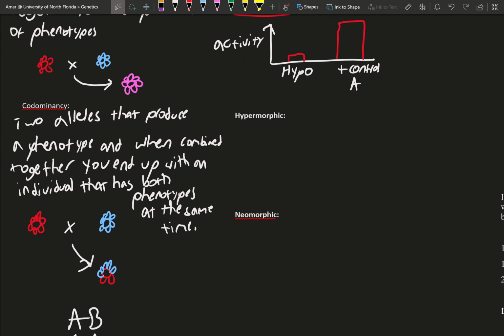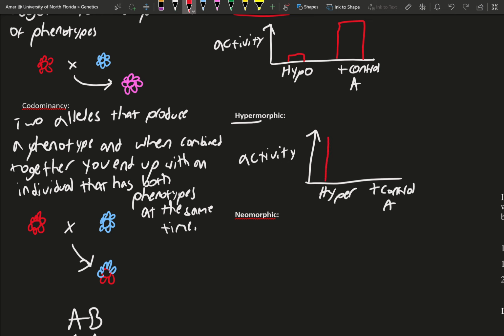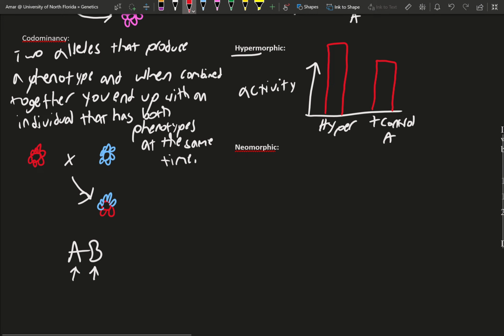Hypermorphic: hyper means more. So if we have the same graph, this one will look something like this.